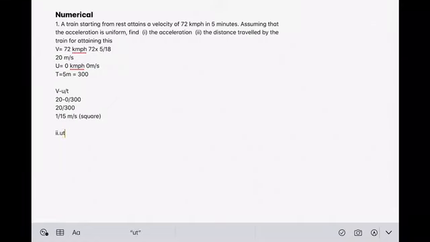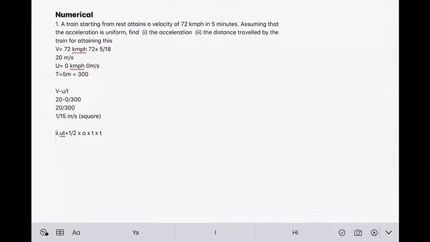Ut plus half into at square, or because I'm on an iPad, I will write it like this: t into t. So u here, as you can see, is 0, so 0 into time is 0.